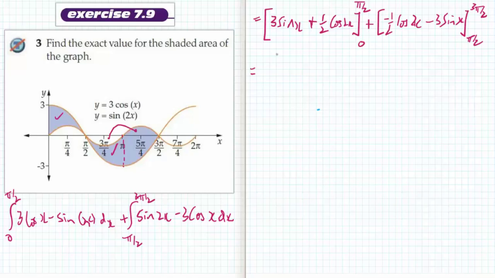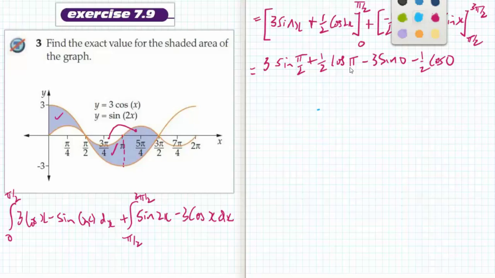So I'm going to have 3 sine of pi on 2 plus a half cos of 2 pi on 2, which is pi, minus 3 sine of 0 minus a half cos of 0.